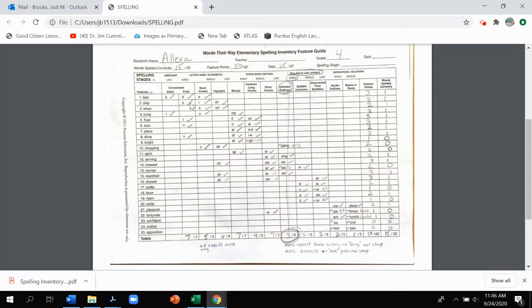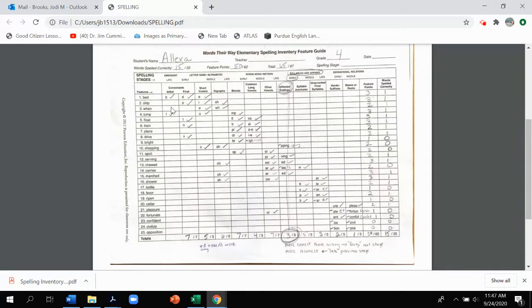Similarly with ship, she got the final consonant correct, the short vowel correct, and the digraph. Again, we mark the feature points that were correct and that she spelled it correctly. She received the short vowel feature point and the digraph feature point over here, 2 feature points, and got it correct.